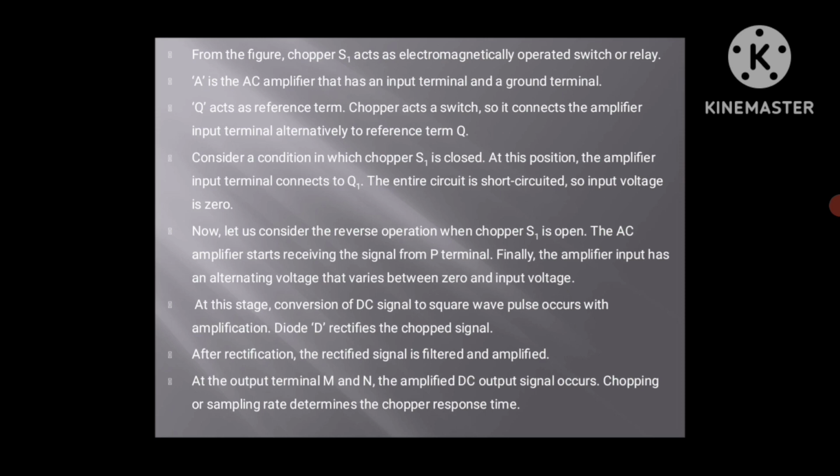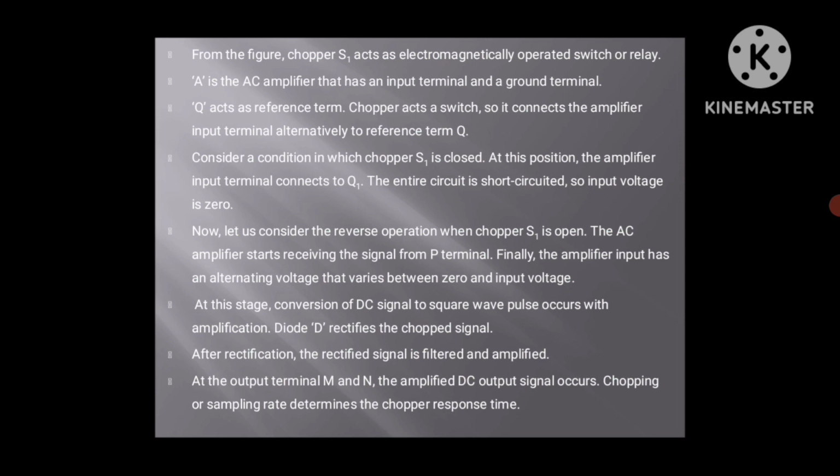If S1 is open, the AC amplifier receives the signal from the P terminal. So the input has alternating voltage between 0 and the input voltage. At this stage, conversion of the DC signal to a square wave pulse occurs during amplification. The diode D rectifies the chopped signals.